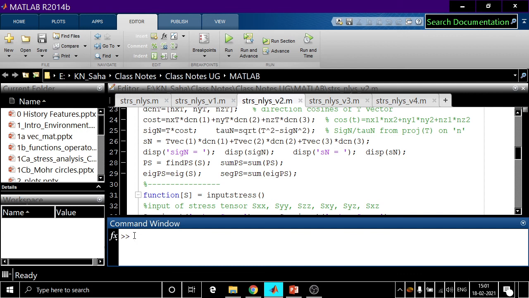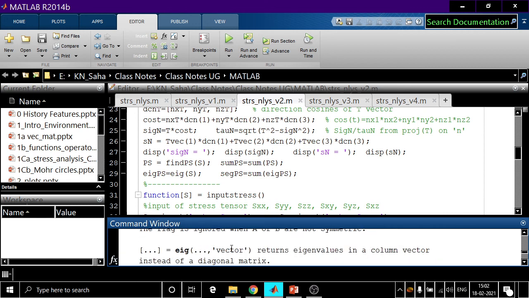You can write this and you will see it gives you something on EIG. You can make a Google search as well, help EIG. This is what it is giving.